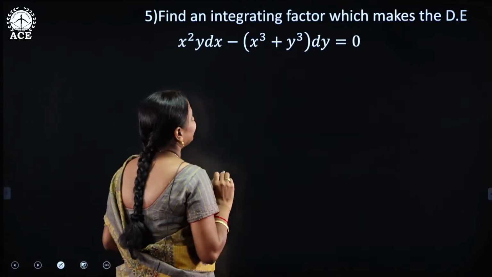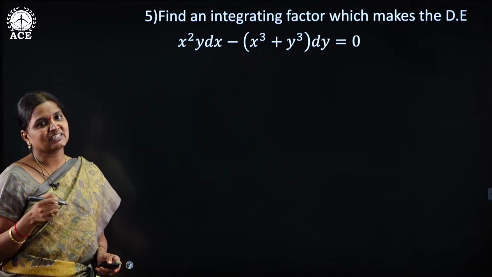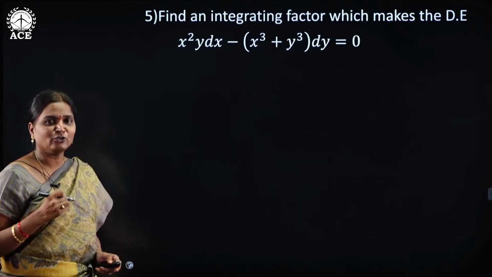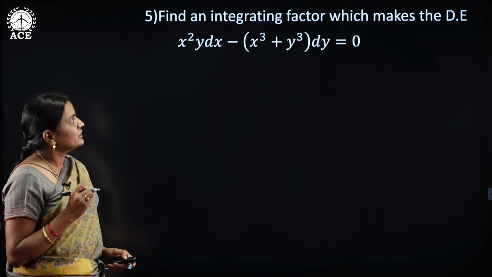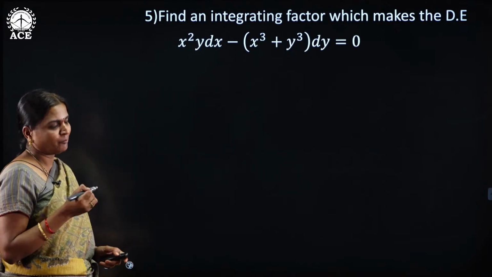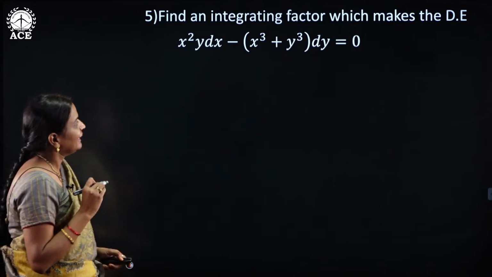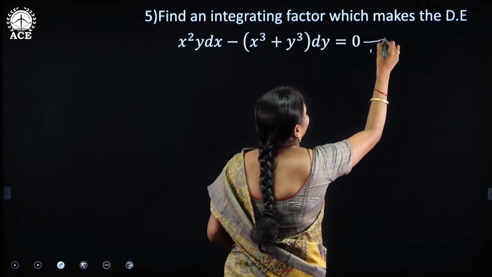When we find the integrating factor, the given differential equation is not an exact differential equation. If it is a short answer question, no need to check the condition for exactness. Just finding the integrating factor means the given differential equation is not exact.